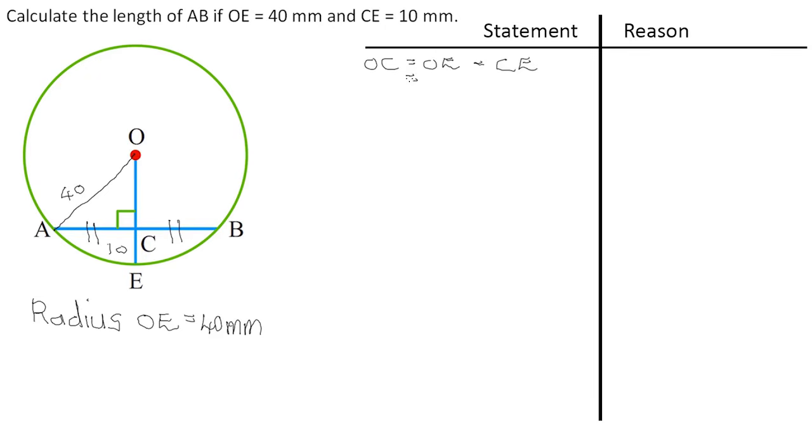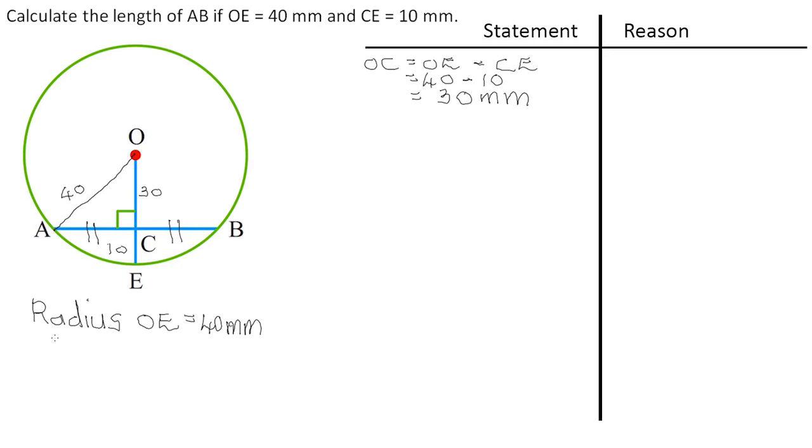And if I substitute, OE is 40 minus CE is 10. Therefore, OC will give me 30 millimeters. And now I can write in there 30 millimeters.